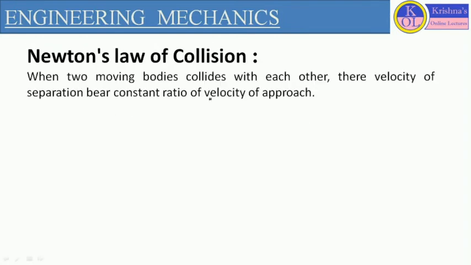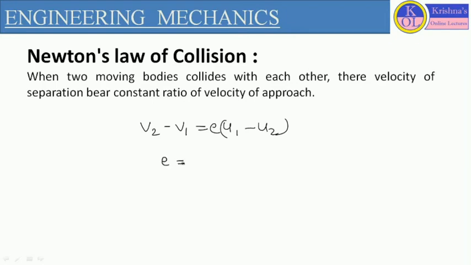As per Newton's law of collision, when two moving bodies collide with each other, the velocity of separation is a constant ratio of the velocity of approach. As per this concept, the velocity of separation v2 minus v1 should be proportional to u1 minus u2. So this should be multiplied by a constant.